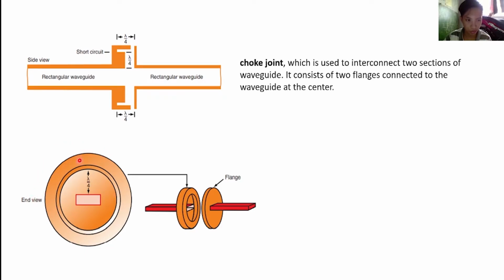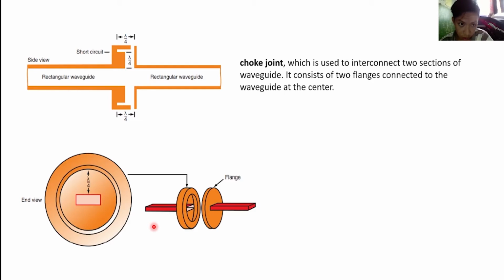Later in this presentation, especially if you are using a waveguide as a very long transmission system, eventually you have to use a choke joint.